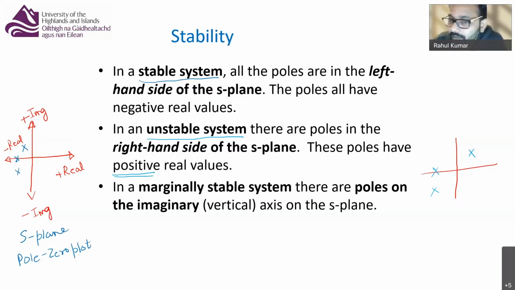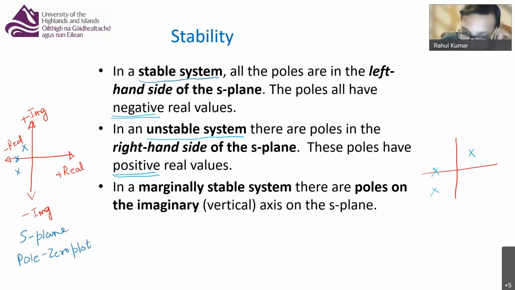If upon calculating your poles the values come out to be positive, then you will have an unstable system. And left hand side means negative value. If all the poles have a negative value, that means your system will be stable.